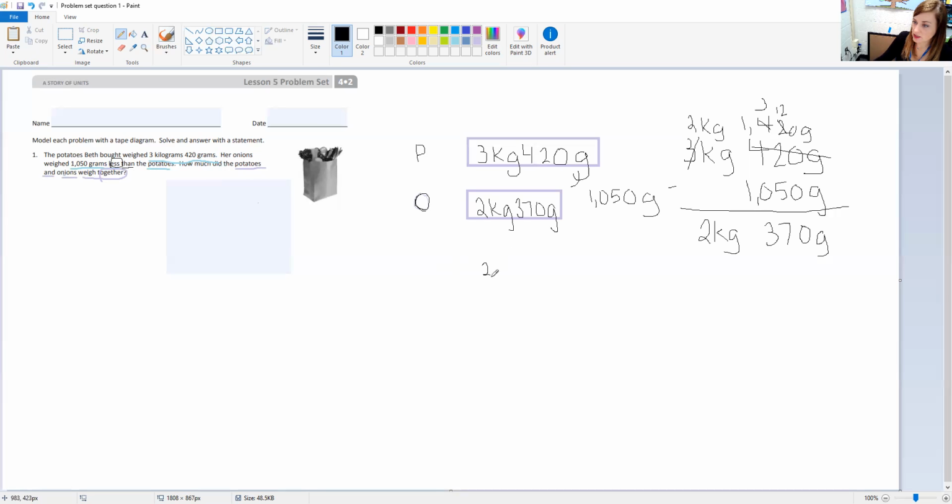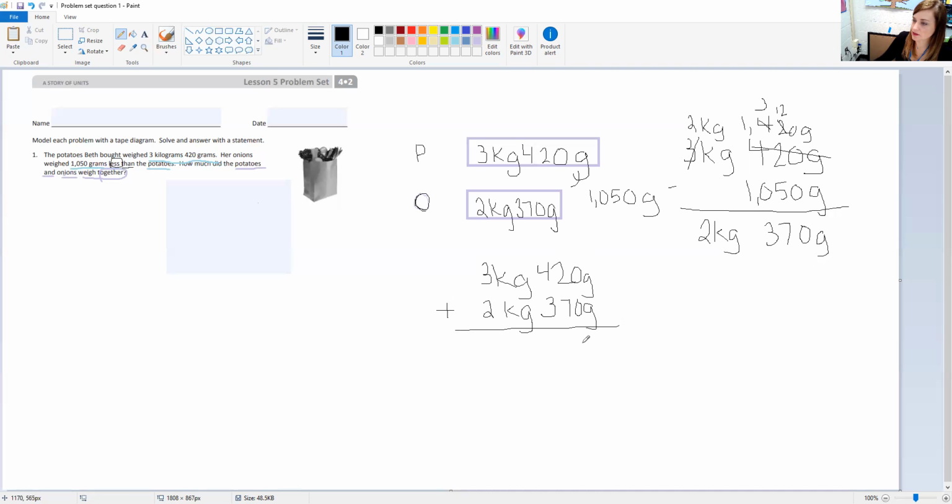So you're going to write your 3 kilograms, 420 grams, and you're adding that to the 2 kilograms, 370 grams. Okay, so let's add up the grams first.